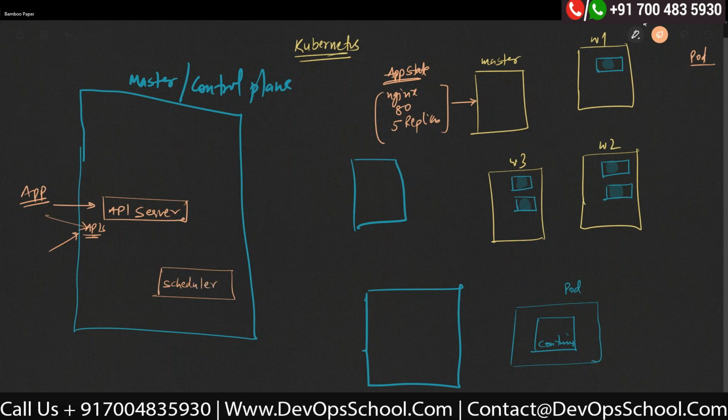Now API server will instruct scheduler that, hey, listen here, scheduler, I got a request for running these 5 pods. Take care of it. And then scheduler will say, all right, then I will talk to these nodes and ask them to schedule these pods. So it will say that, okay, this node run 2 pods, this node run 3 pods.